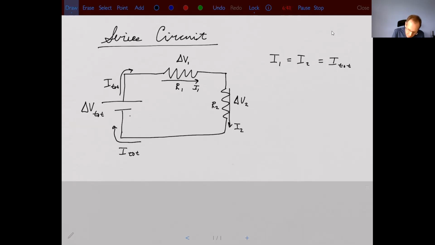So my potential would be back to whatever it was on this side of the battery, say like V1. Therefore, we can say that the voltage gained across the battery, so we went up by delta V, is equal to the voltage drop across the two resistors.